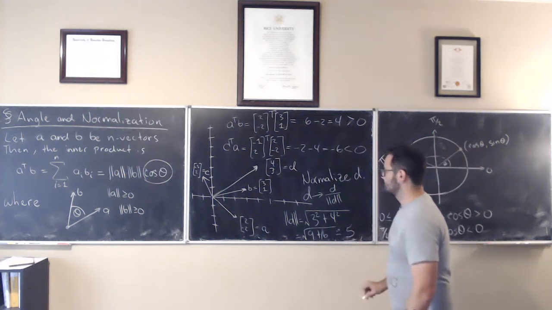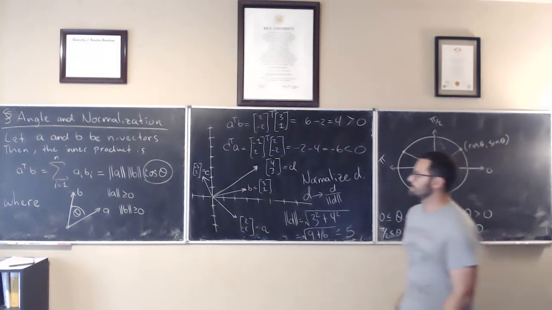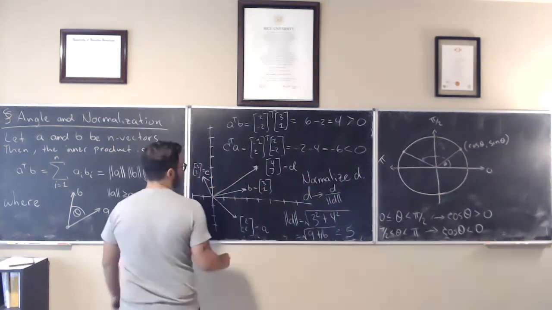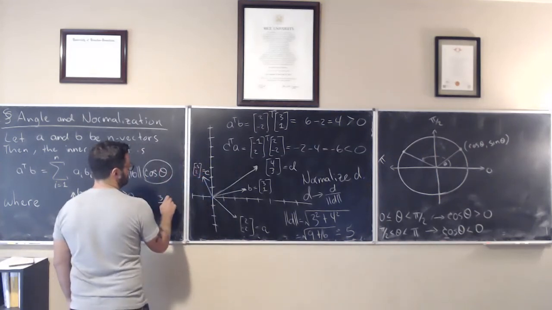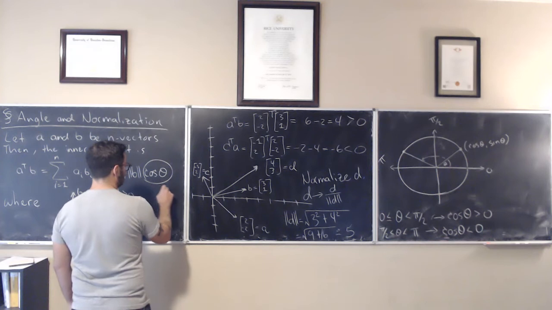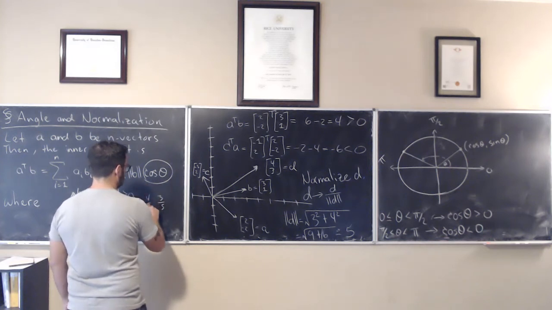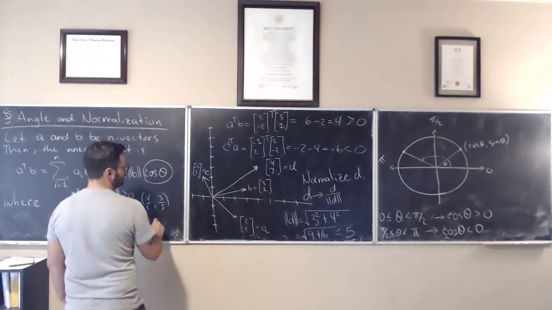This becomes 5. So the norm is 5. So then 3/5, 4/5 is the new vector. So this is the normalized vector.